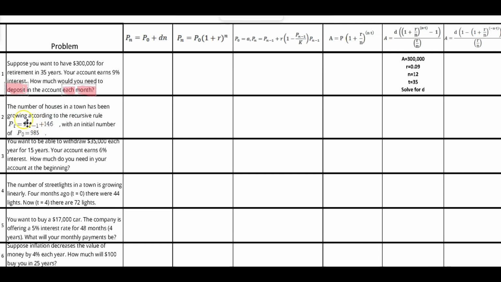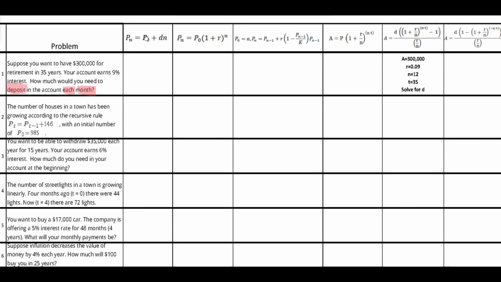And knowing the recursive rule, we take the old value and add a number to get to the new value. Every time we add the same number, this is a linear growth or a constant rate of growth. This is for the linear growth model.